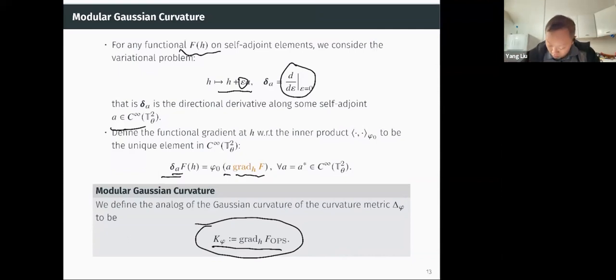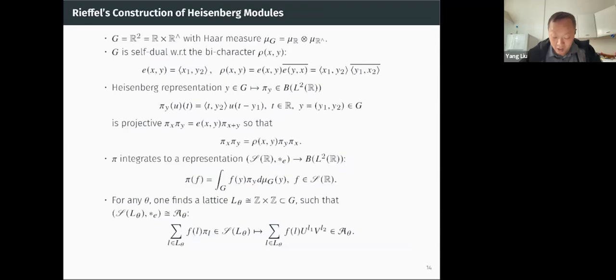Okay, so now the next step is to bring in this Morita equivalence. Think of our discussion just before as sort of intrinsic, with no twisting bundles.